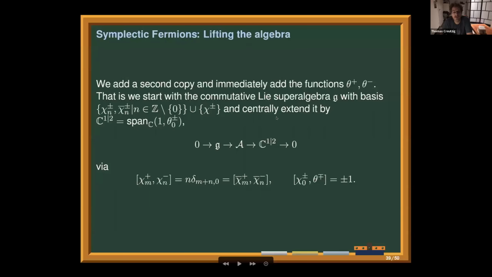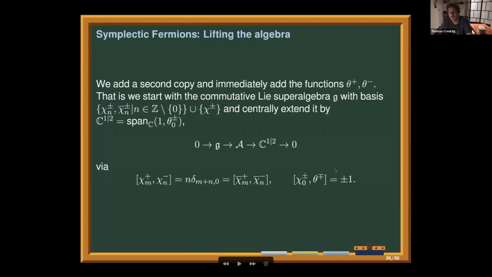Now, this one actually admits a bigger central extension, and that means we add just the constant 1 and the theta plus minus, our coordinates on that define the algebra of functions, and we use these coordinates to also get non-trivial commutation relations with the symplectic fermion zero modes. This makes sense because you want to identify the zero modes of the symplectic fermions with the derivatives with respect to theta plus and minus.